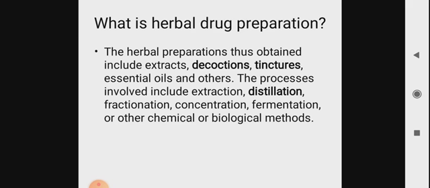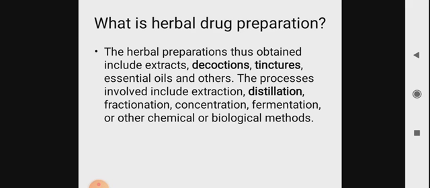What are herbal drug preparations? The herbal preparations thus obtained include extracts, decoctions, tinctures, essential oils and others. The processes involved include extraction, distillation, fractionation, concentration, fermentation, or other chemical or biological methods.